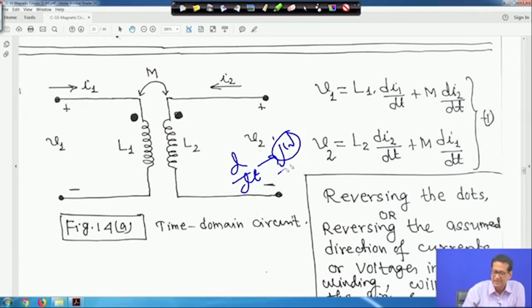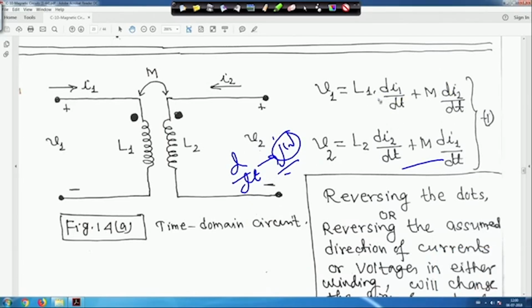You replace d/dt by j omega in this equation and you will get the same thing. According to that, in the frequency domain, the polarity of the induced voltage in the other coil is taken. So this will become L1 j omega I1, that means j omega L1 I1, and here also it will become j omega M I2, right.